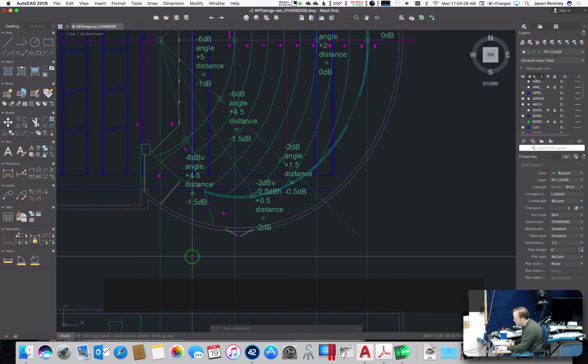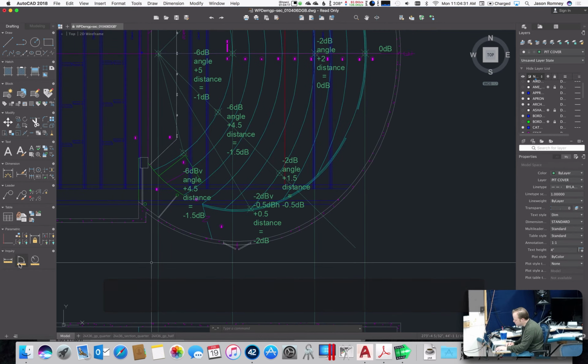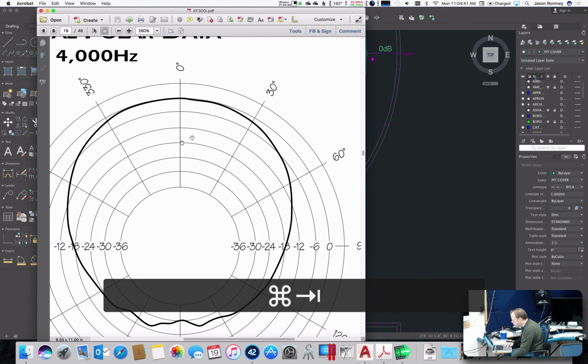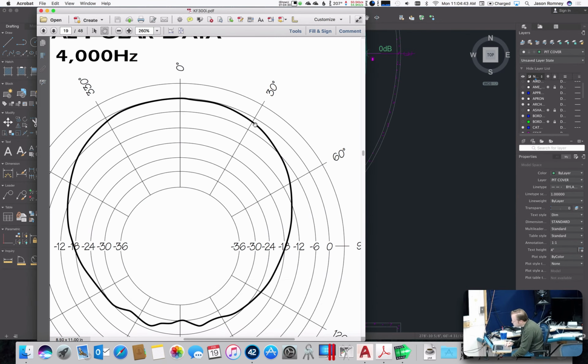But I am also off axis horizontally here, aren't I? Yes, I am. So how much off axis horizontally am I? 31 degrees. There it is. I might be 3 dB down there, if I overestimate a little bit.